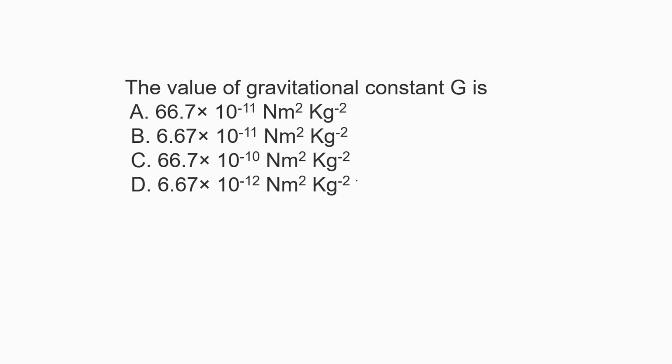D, 6.67 into 10 to the power minus 12 Newton meter square per kg square. So here the correct answer would be option B, 6.67 into 10 to the power minus 11 Newton meter square per kg square. This is the constant value and it will always remain the same.